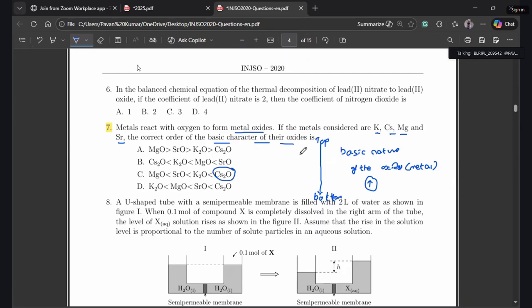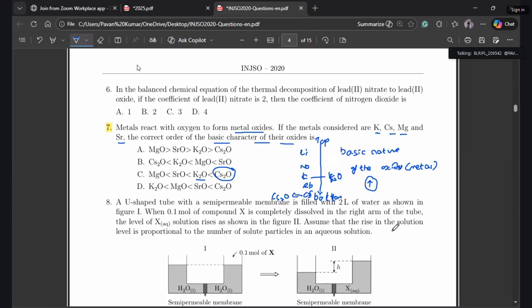Okay, and you know that for the first A group elements, lithium, sodium, potassium, rubidium, cesium, K forms K2O and Cs forms Cs2O. So top to bottom, as I said, basic nature increases. So Cs2O should be greater than K2O, right? Understand?